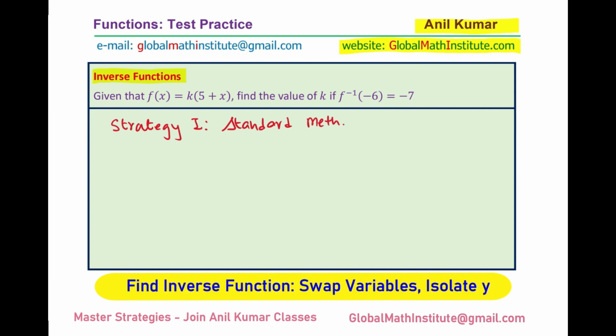Let's go with that. We are given the function f of x equal to k times 5 plus x. We are really interested in the inverse of this function, where the input minus 6 gives minus 7. So the first step is to find the inverse of this function.